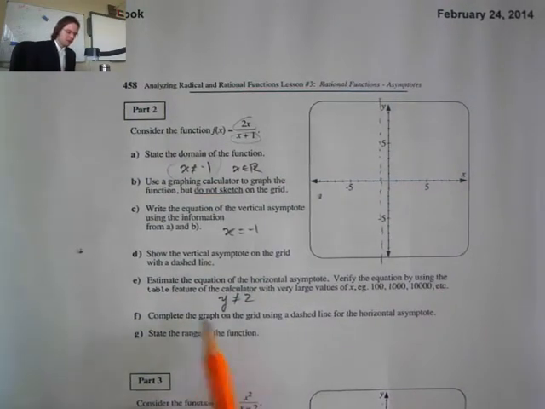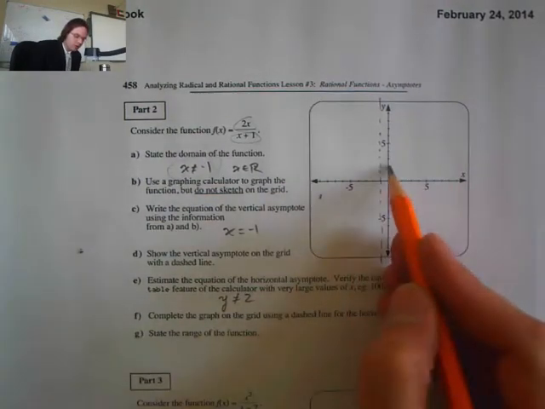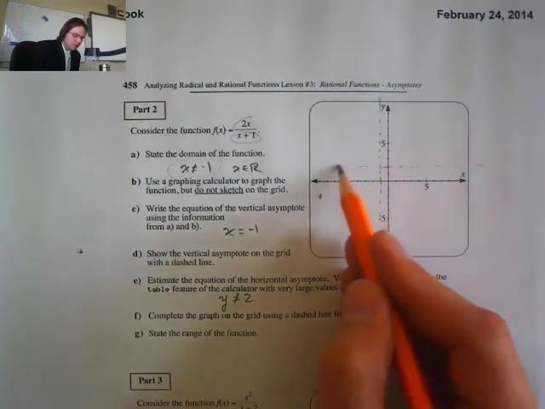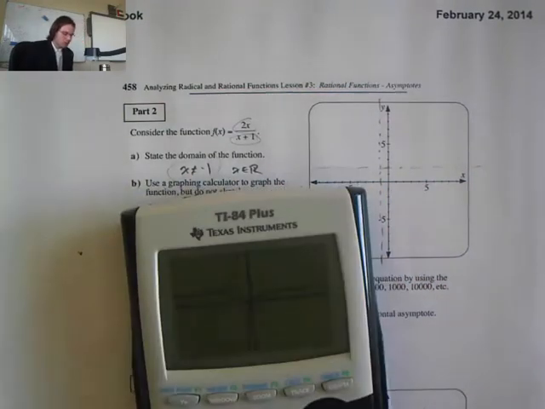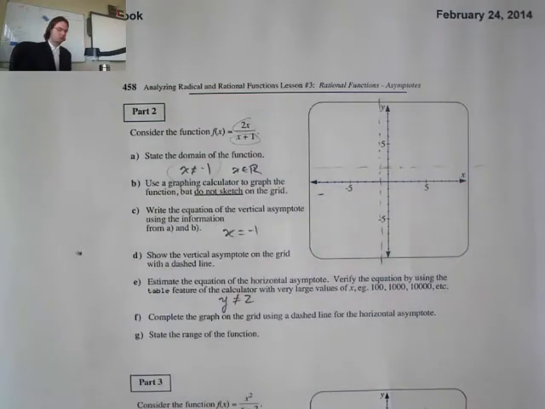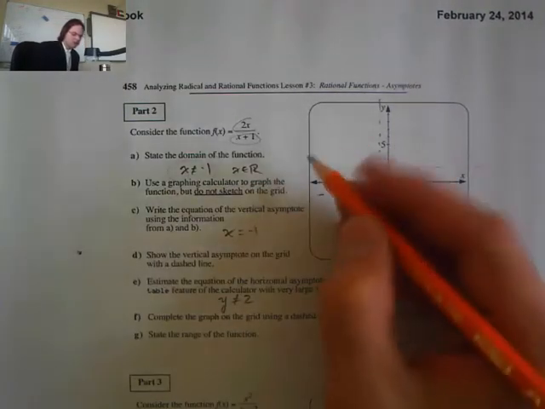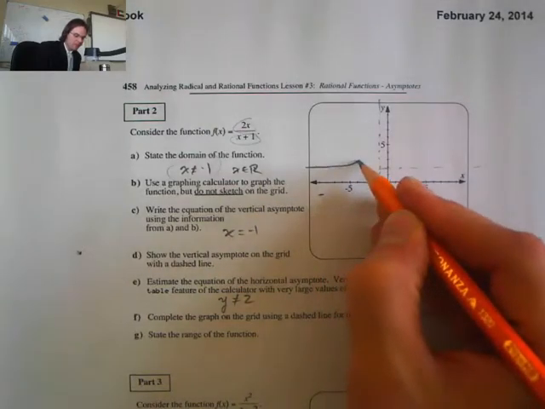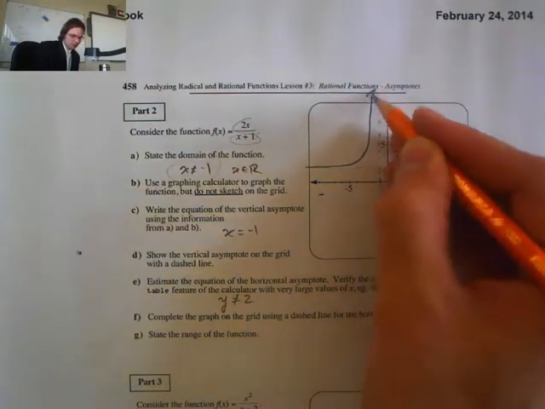Now complete the graph with a dashed line for that one. So it's at 2. And if I put my graph, it looks about right, because right there's 2, and it looks like it never quite reaches 2, gets infinitely close, but never quite reaches. Now we want to complete the sketch of the graph. My sketch looks something like this.